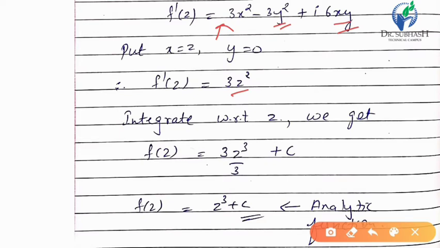Now I will integrate this with respect to z. So integration of f dash z will be f of z and integration of z square will be z cube by 3. This 3 will get cancelled. So f of z equal to z cube plus c, where c is our constant. This is our required analytic function.